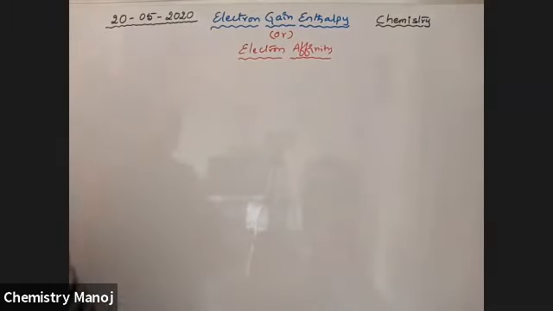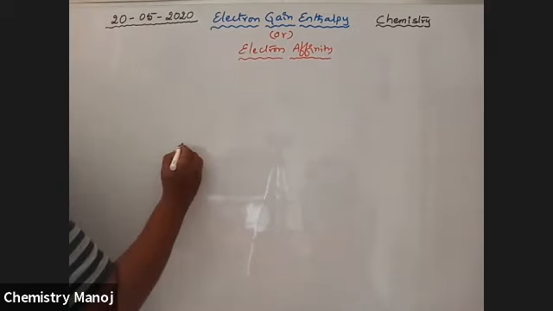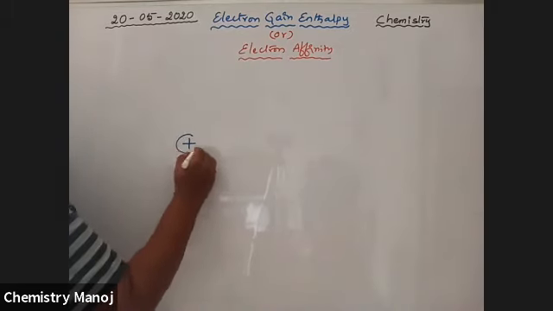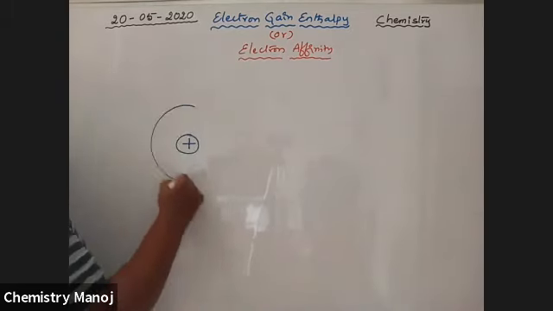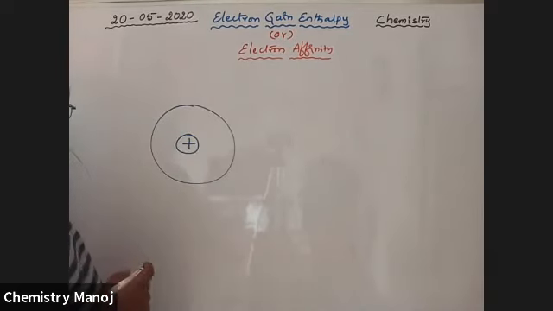What is this electron affinity? After that, I am going to explain electron gain enthalpy. Let us take an atom. This is the nucleus of the atom. This is the outermost orbit of that atom.